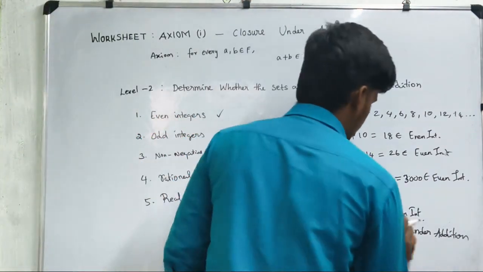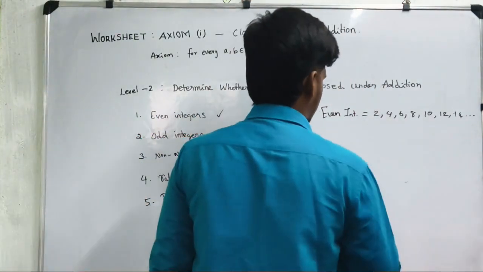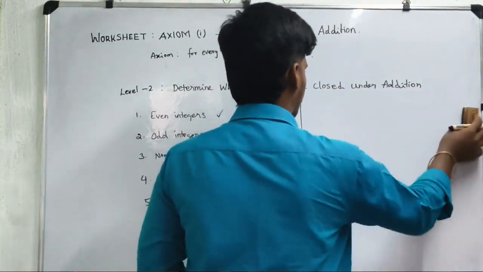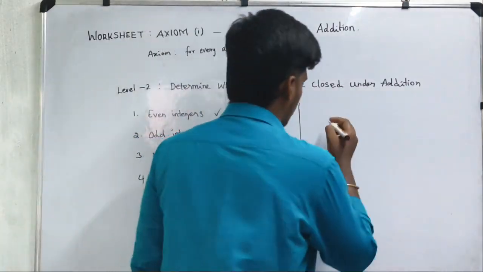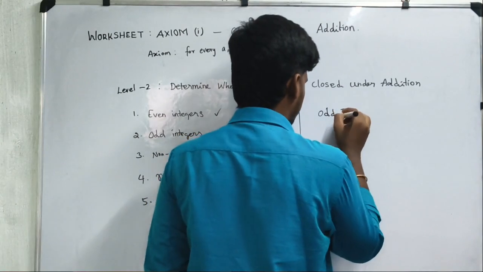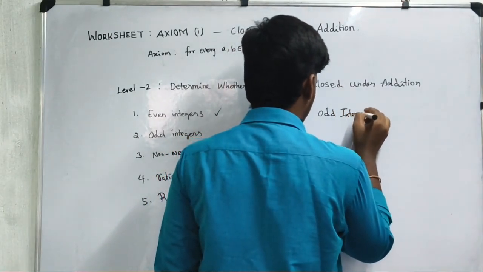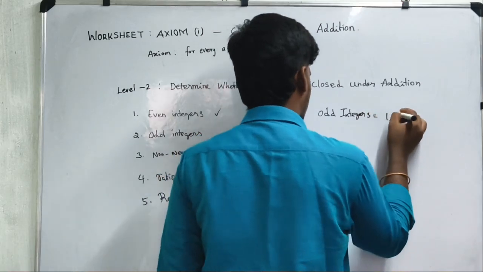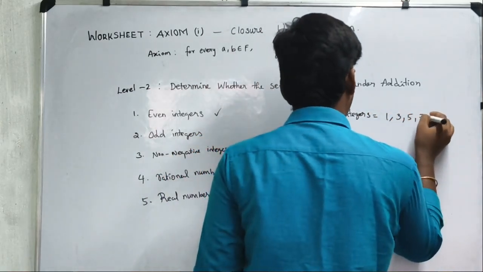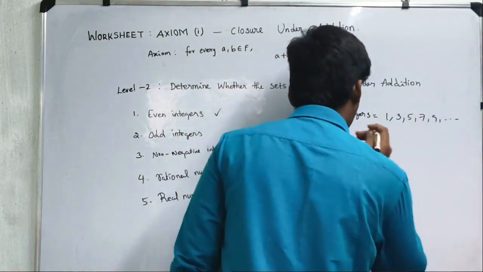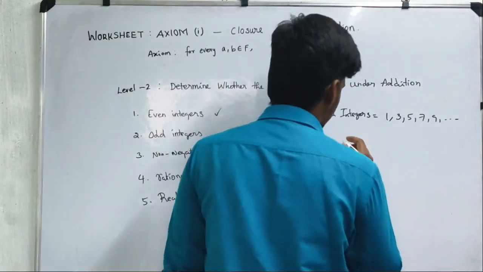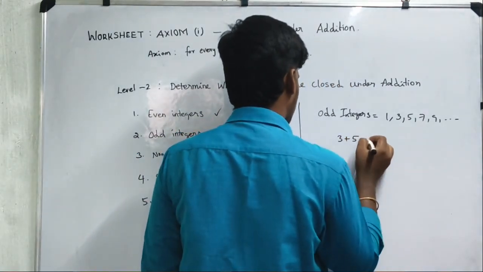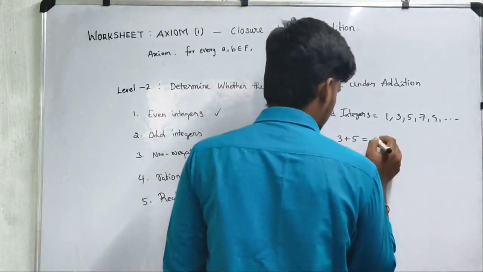Next we are going with the odd integers: 1, 3, 5, 7, 9, and so on. Here I take two elements, 3 plus 5, which equals 8.